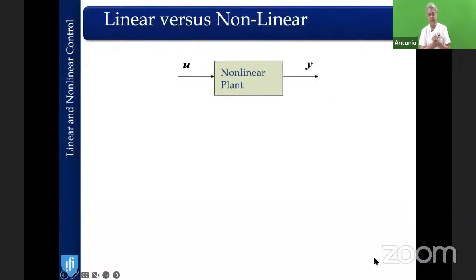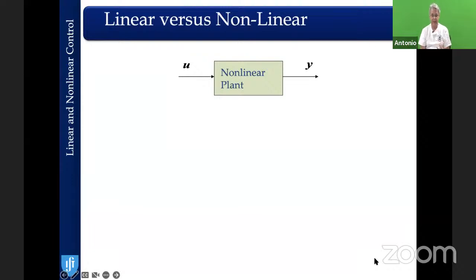When you have a system that you wish to control, it could be a model of a ship, a quadrotor, a ground vehicle, and so forth, this is essentially what we call a plant to be controlled, and you have a model. And the plant could be nonlinear. What does this mean?